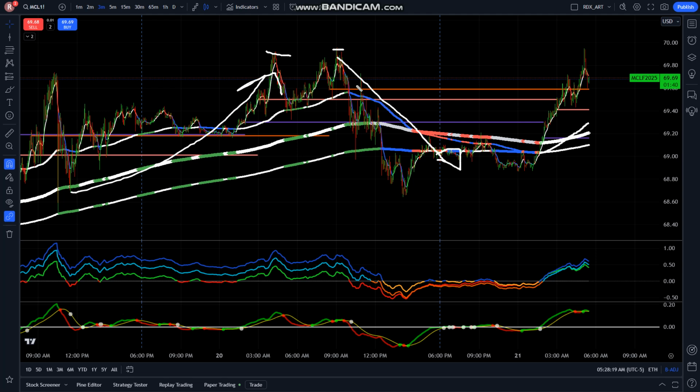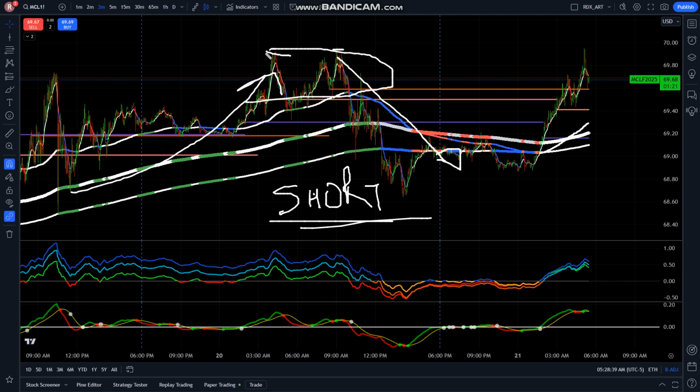But I am waiting for a confirmation that this trend is now definitely short and then getting into that downtrend. The downtrend meaning short trade, right? So we're simply looking for a short trade now that this whole place is a reversal.